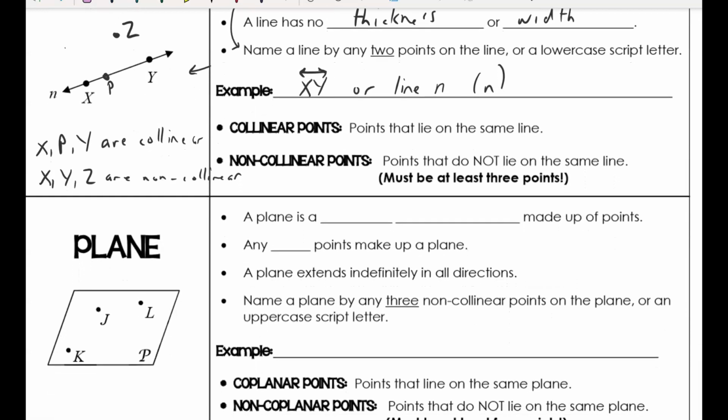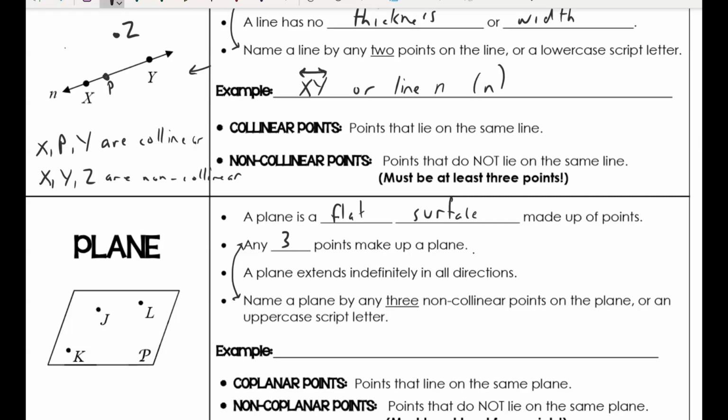Okay, on to planes. A plane is a flat surface. It's also made up of points, and you could say it's made up of lines too. Any 3 points allow you to name a plane. Again, we're talking about a naming thing here. We're not really saying that 3 points make up a plane, because you need infinitely many points to make the plane.